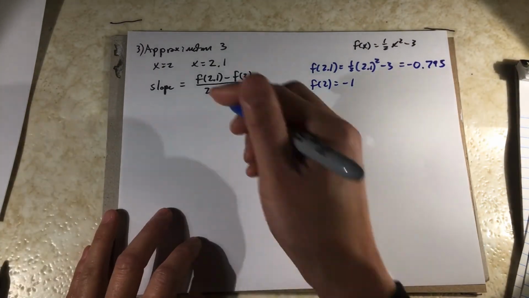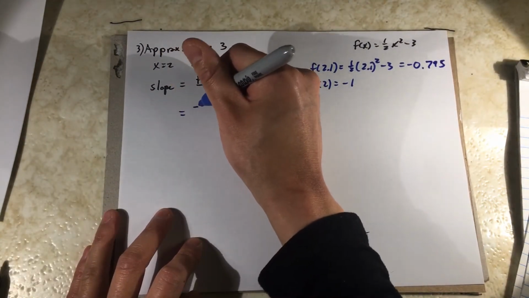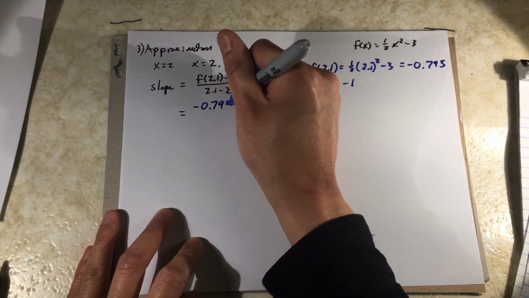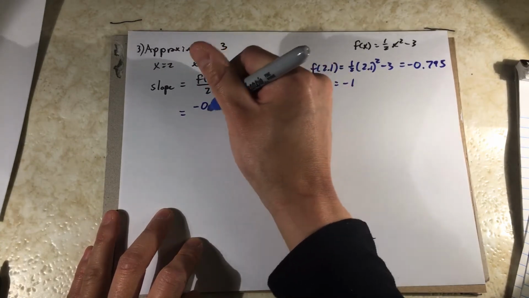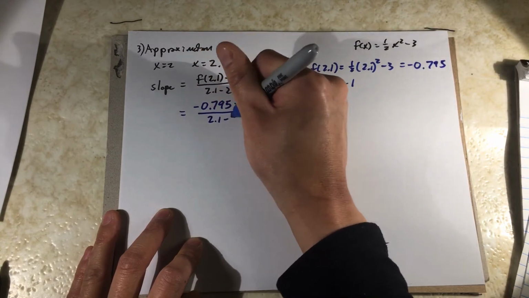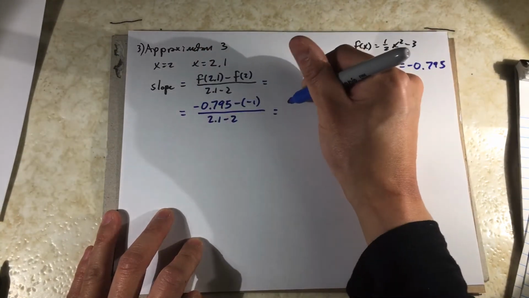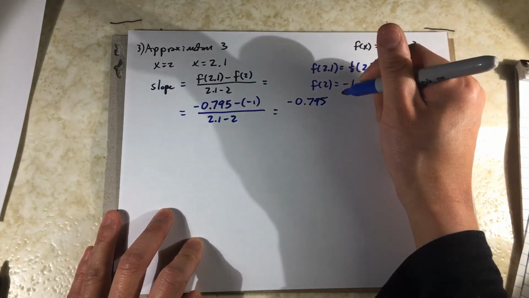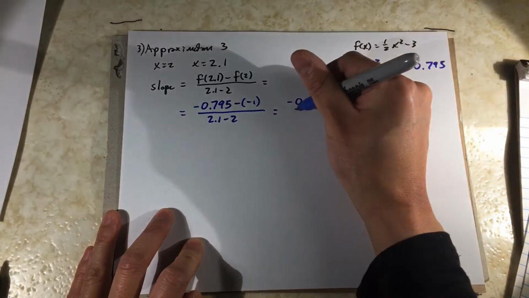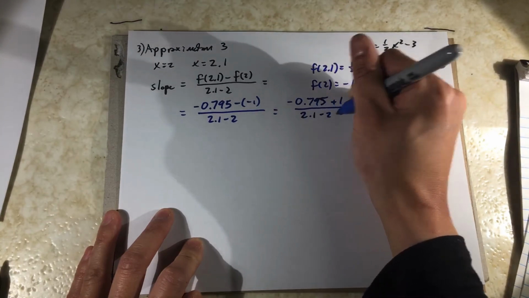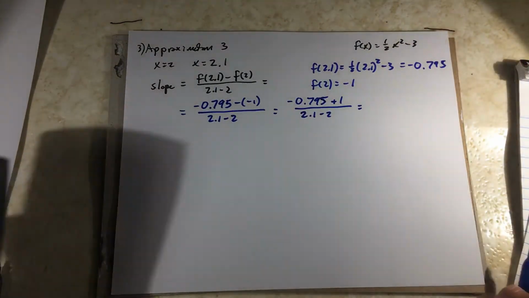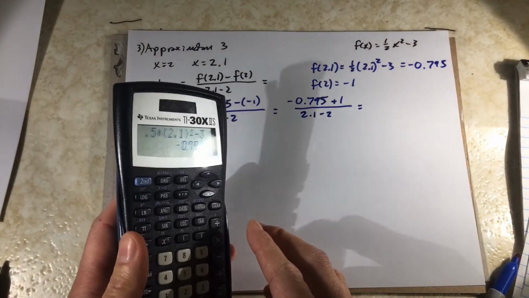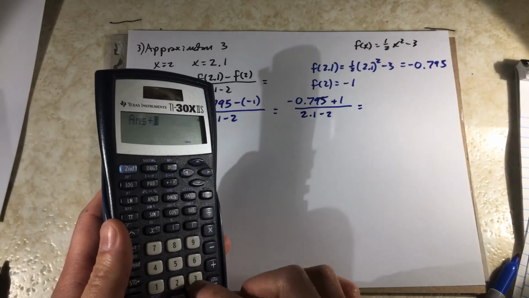All right, and f of 2 I already know is negative 1. So let's plug those numbers in. So I get negative 0.795 minus negative 1 over 2.1 minus 2. So again, this becomes positive: negative 0.795 plus 1 over 2.1 minus 2. I have this number already, I'm just going to do plus 1.